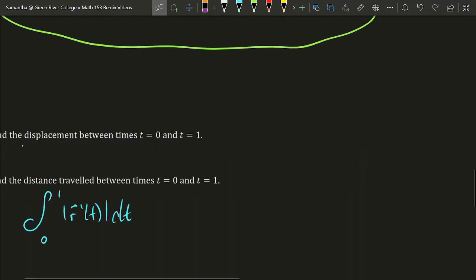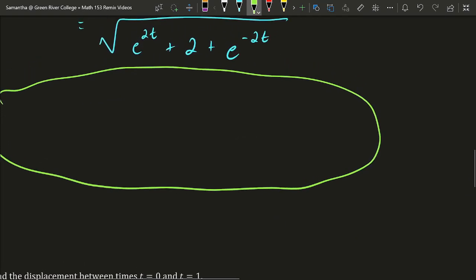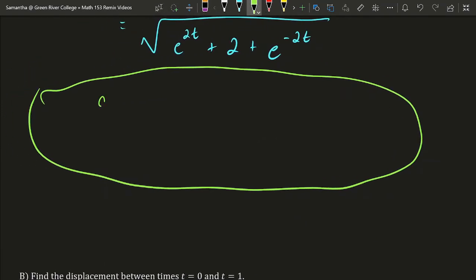If you have a plus b, that quantity raised to the power 2, if you distribute this and simplify, that's the same thing as a squared plus 2 times a times b plus b squared.